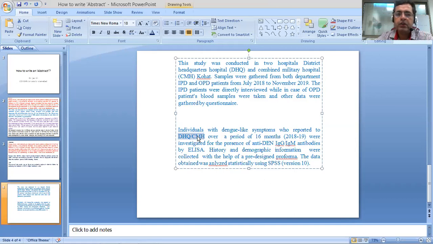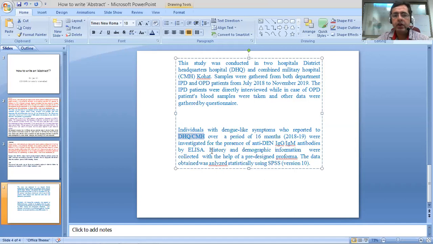Somebody who would have dengue-like symptoms, and who would have IgM or IgG antibodies in their plasma, would most probably be infected with the dengue virus. And that would authenticate your claim that people who have dengue-like symptoms actually were infected with the dengue virus.